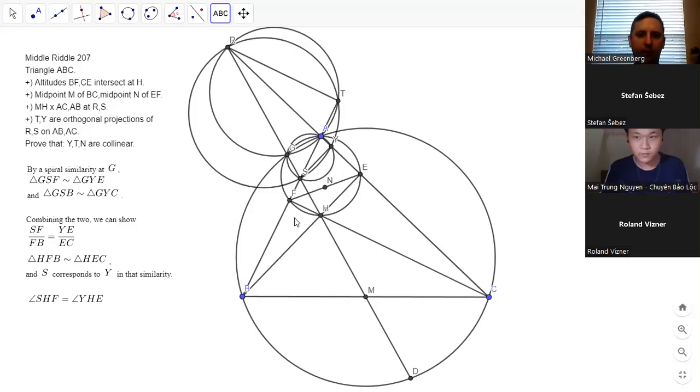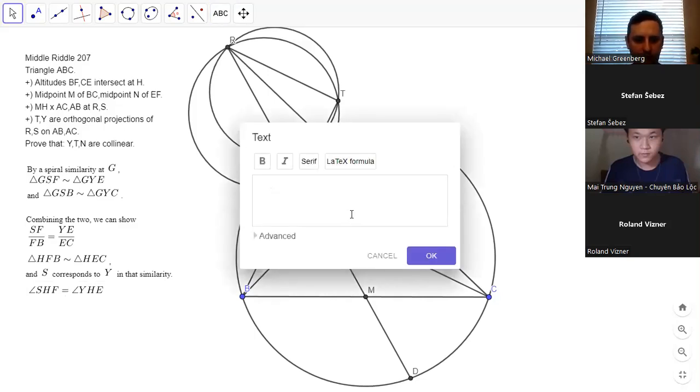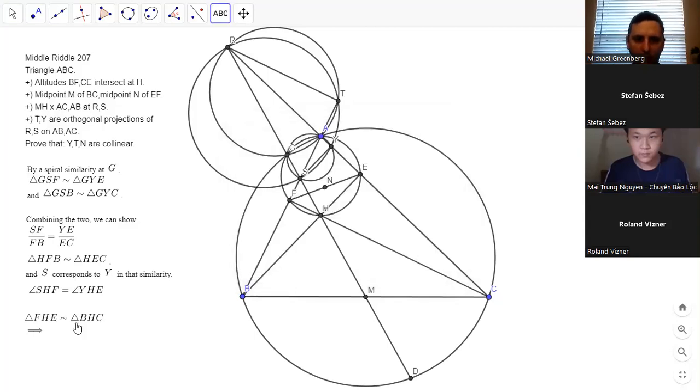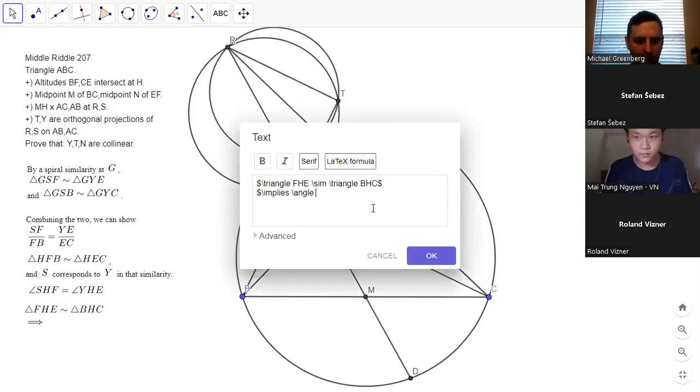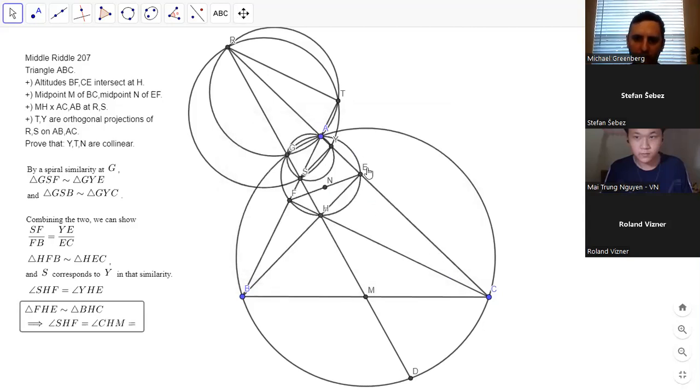And then we also know angle SHF is angle NHE because, so basically, that solves the problem because triangle FHE is similar to triangle BHC, and that means that angle SHF equals angle CHM, which is equal to angle EHN, or I'll say NHE.